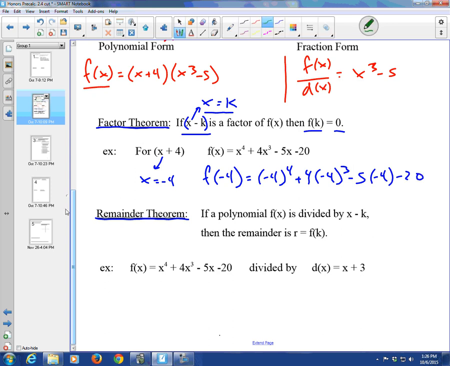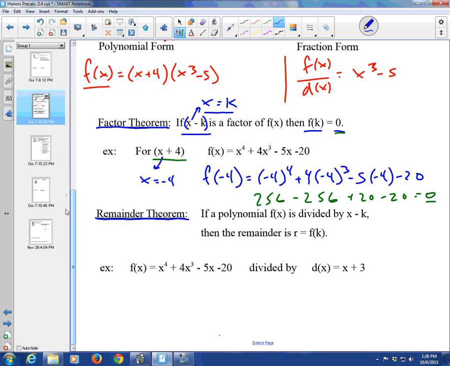Now right here, this is going to be 256, and then this is going to be a minus 256. Then we've got negative 5 times a negative 4 is going to give us a plus 20, and then minus 20 equals 0. So there's our remainder, there's our 0 that we will get, because we know that x plus 4 is one of the 4 linear factors that makes up f of x.